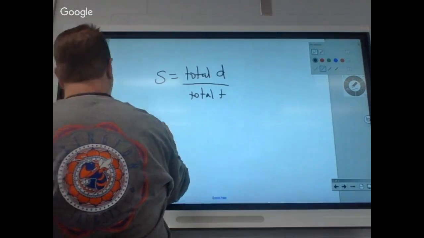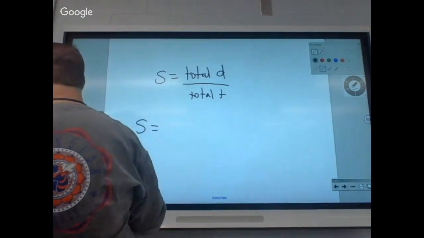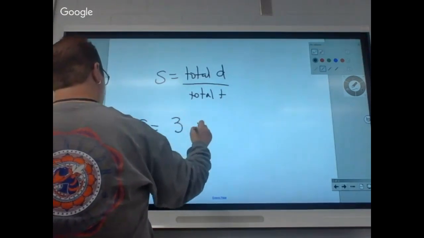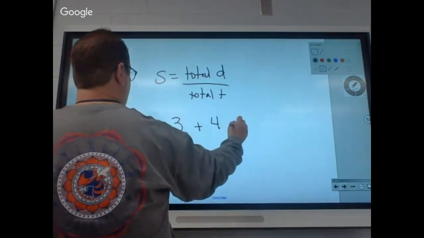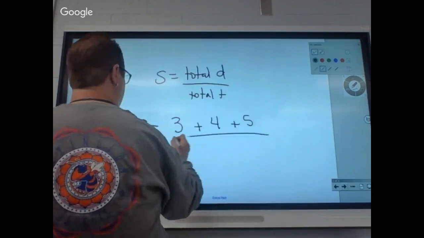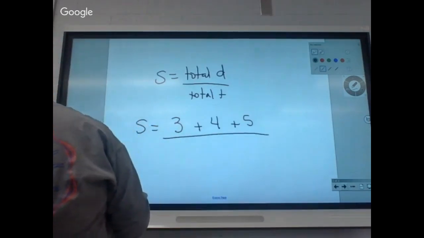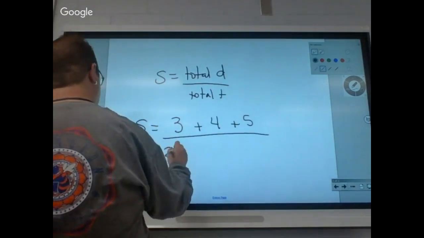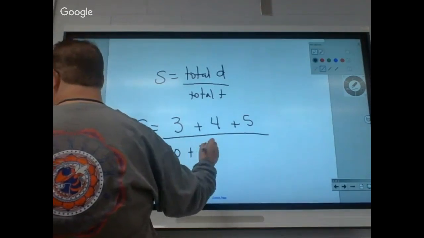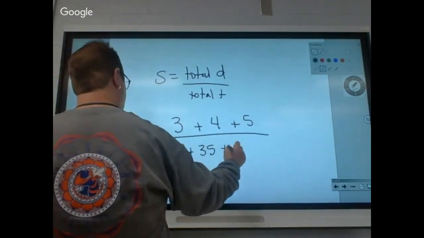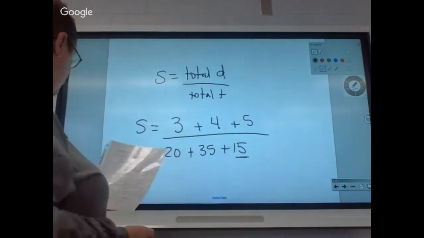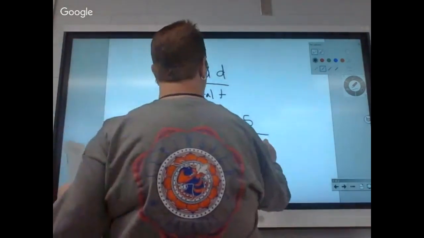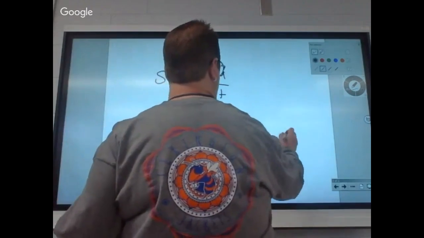So his speed has 3 miles plus 4 miles. We rested, and then we did 5 more miles. So for his time, he did 20 minutes plus 35 minutes plus 15 minutes of rest. Even though that's rest, you have to include it. And then plus the 30 minutes that he did after he rested.